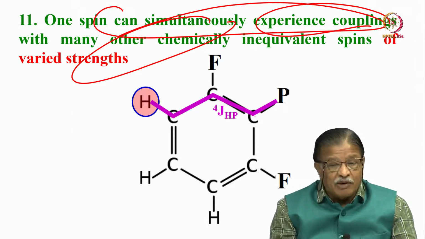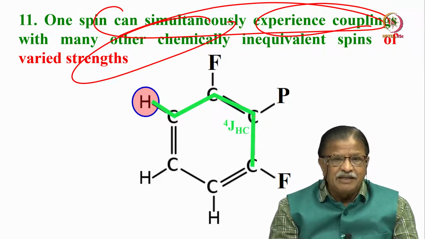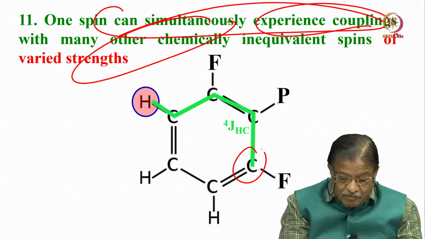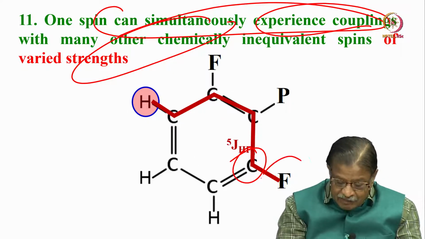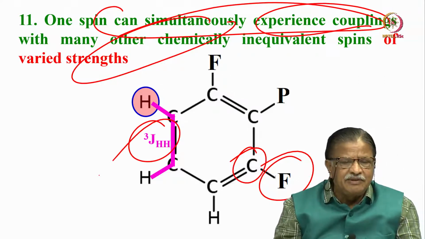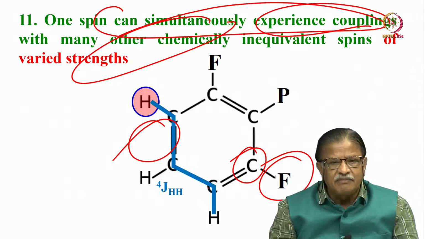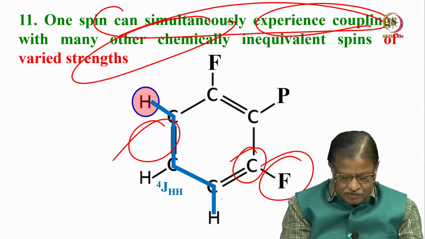It can experience 4 bond coupling with fluorine, phosphorus, not fluorine, I am sorry, phosphorus. It can experience 4 bond coupling with this carbon. It can experience 5 bond coupling with this fluorine, and it can also experience 3 bond coupling with this proton, 3 bond coupling with this carbon and 4 bond coupling with this proton.